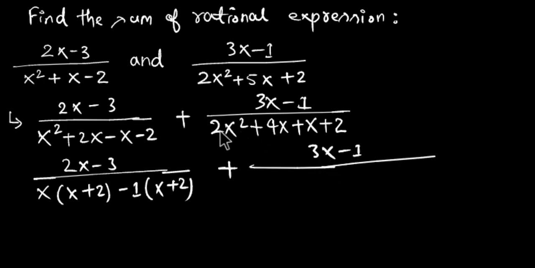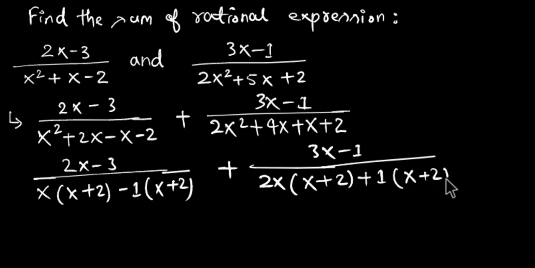In these two terms we can take 2x common, so 2x times (x plus 2), plus taking 1 common from these two terms, 1 times (x plus 2).